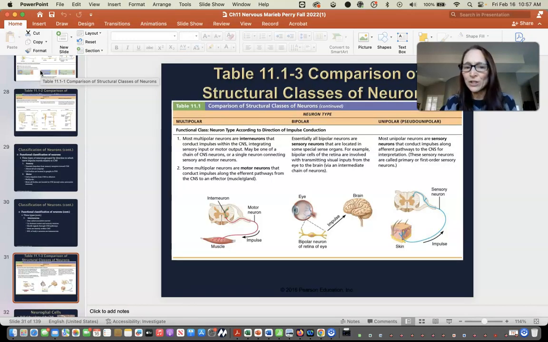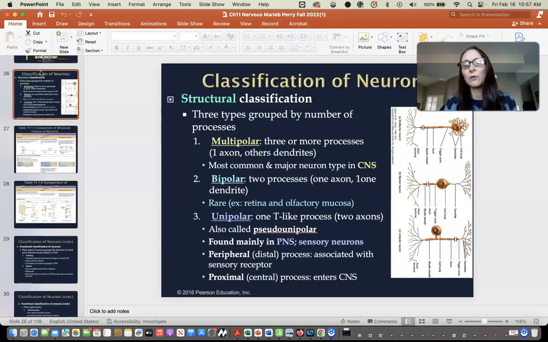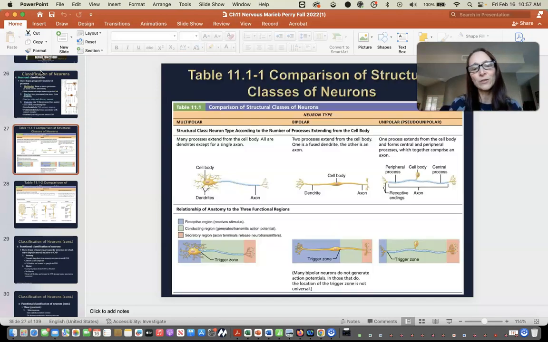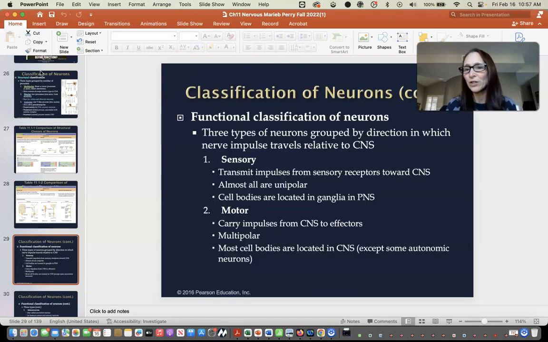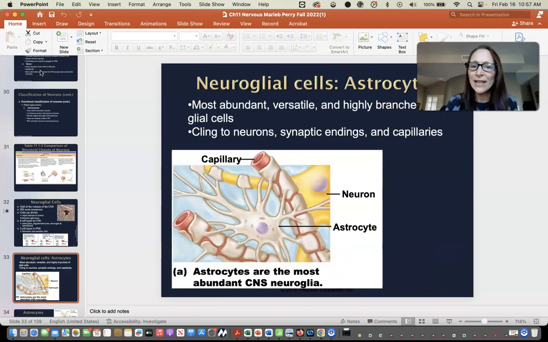So pay attention to that because it's a little confusing. I know you're like, wait a second, there's different ways to classify these neurons. Yes, there are. They classify them structurally by how they're built, and then also by their actual function. Are they for sensory, are they motor, and so on. So again, pay attention to that as you go through.